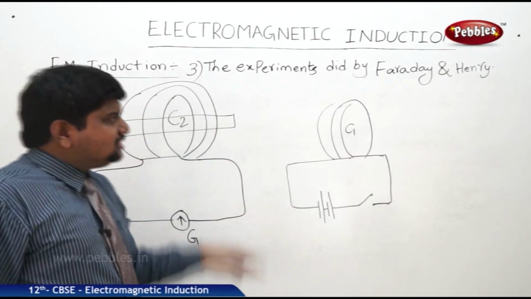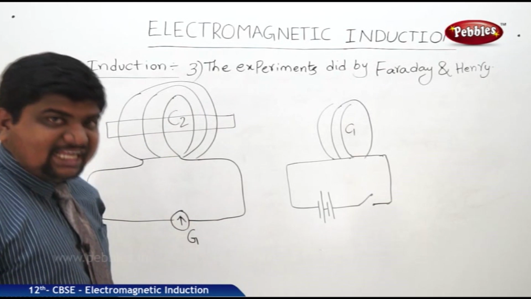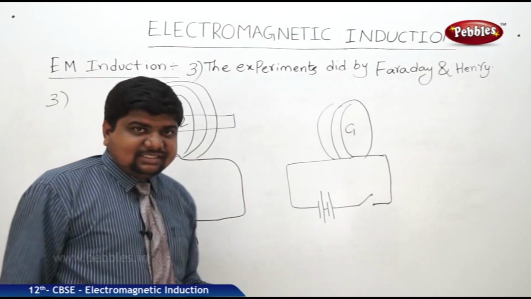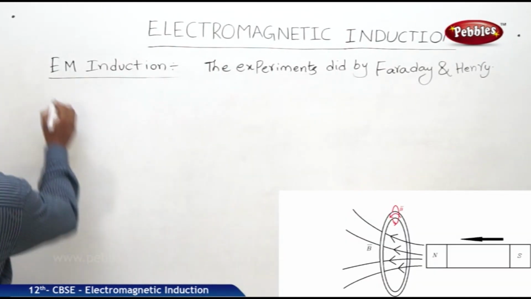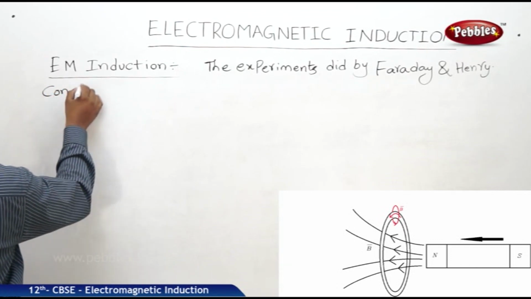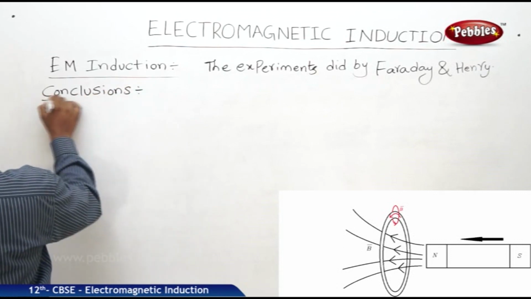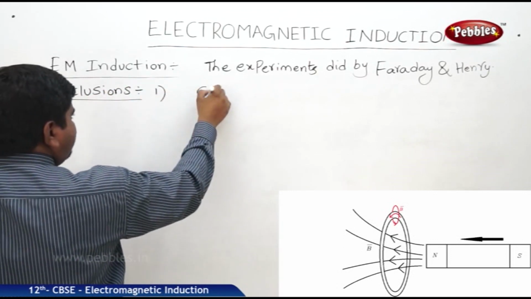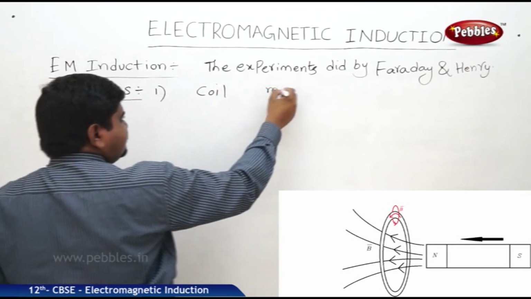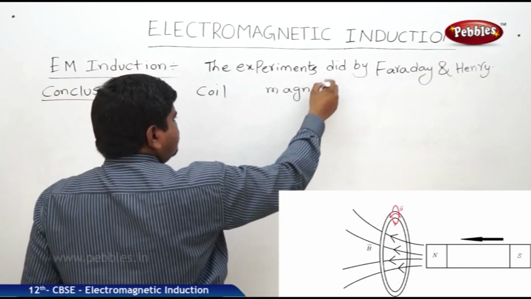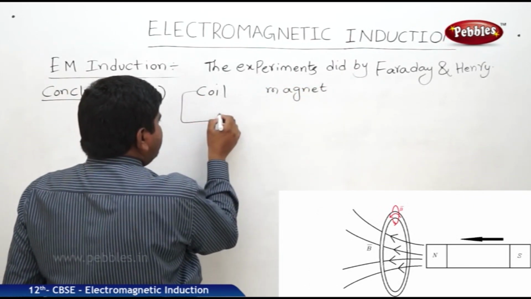What are the conclusions they observed from these three experiments? The conclusions are like this. The first experiment: coil and magnet. This coil is connected to the galvanometer.